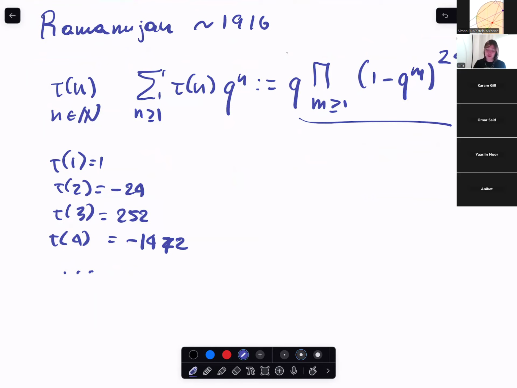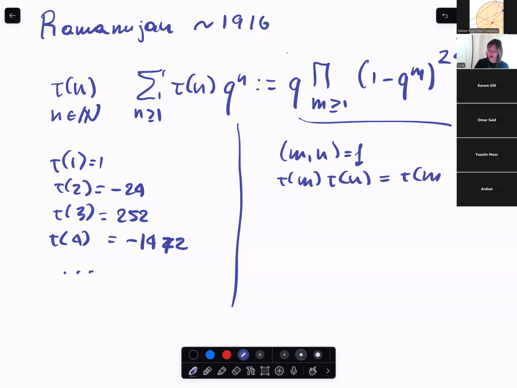And Ramanujan, just like being Ramanujan, magically noticed the following two things. The first one is that for m and n coprime, so if they don't share any factors, tau of m times tau of n is equal to tau of mn.